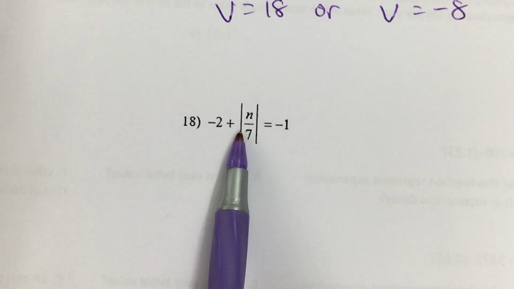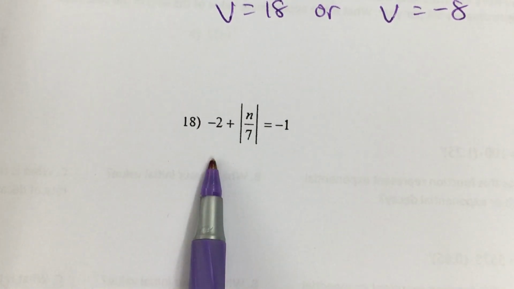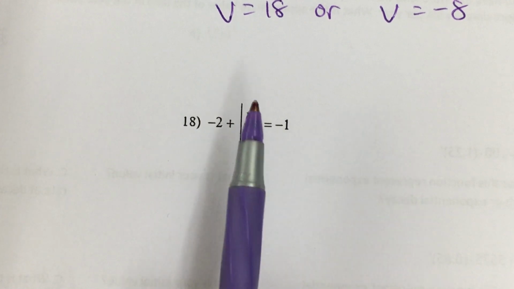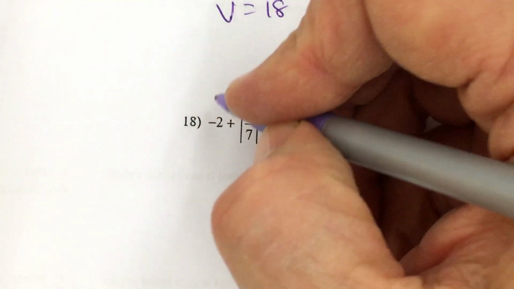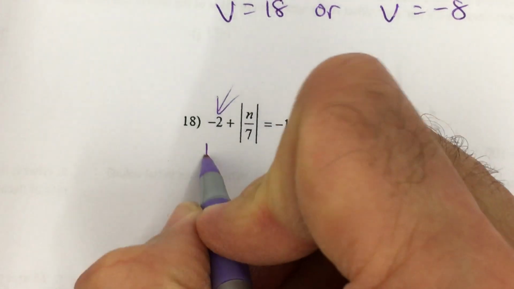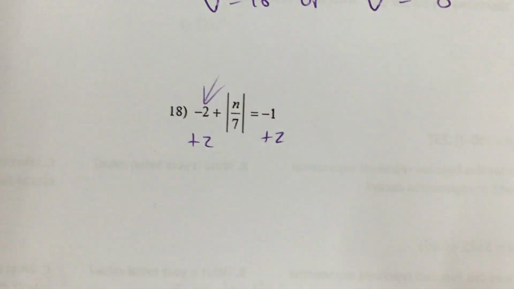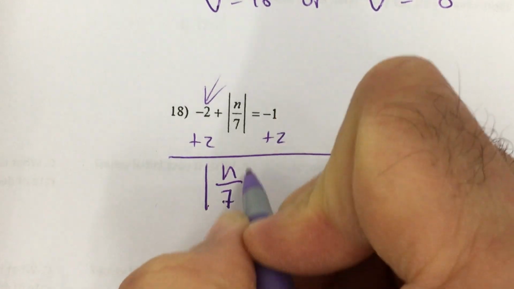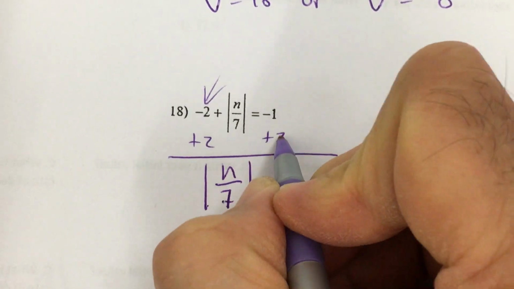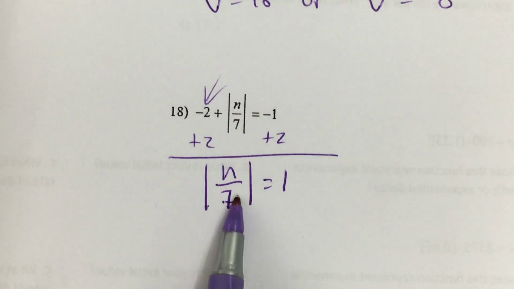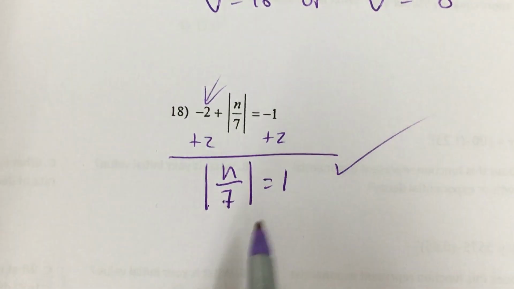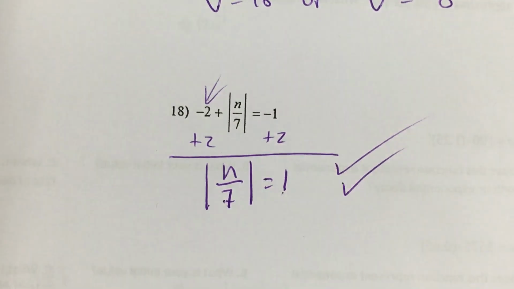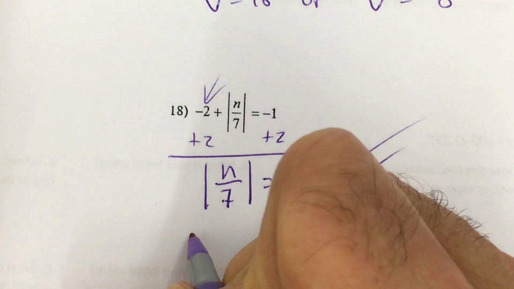I'll do 18. Is it alone? No. Get it alone. I gotta take care of this. Plus 2, plus 2. Absolute value of n over 7 equals negative 1 plus 2, positive 1. Is this alone? Check. Is this positive? Check. Write it twice.